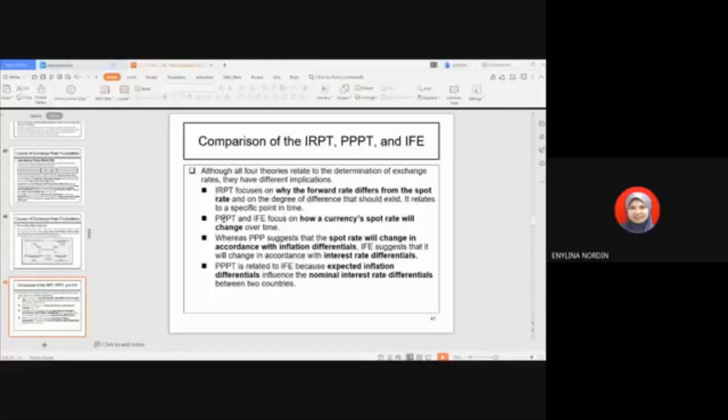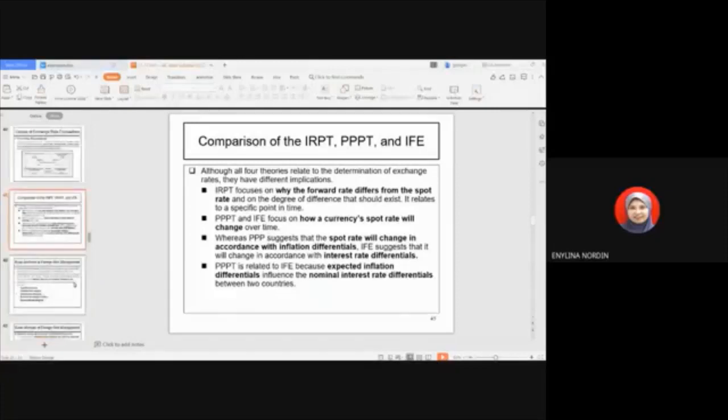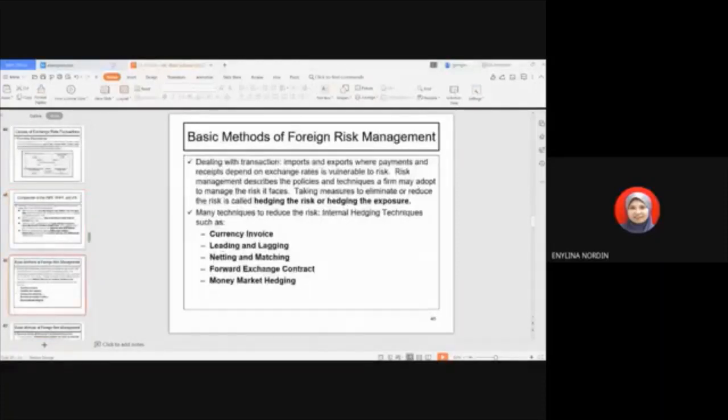Interest rate and the exchange rate. Okay, right, and they also analyze and focus on the factors of why the forward rate differs from the spot rate. Okay, so that's about it for the causes of the exchange rate fluctuations.